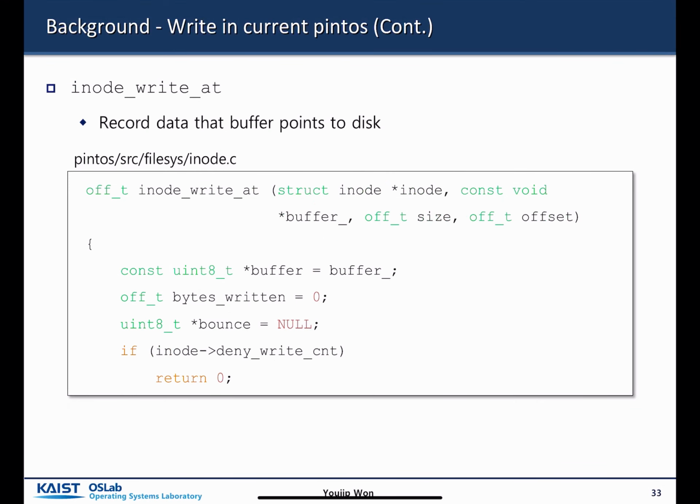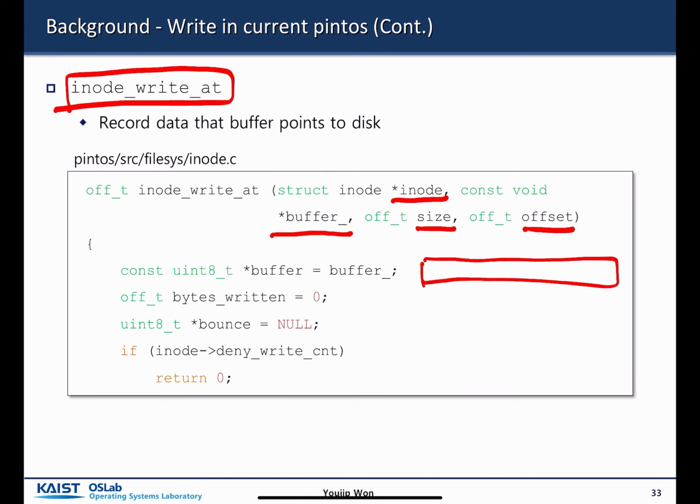Okay, these are the details of the important function inode_write_at. It takes 4 parameters: inode, buffer, size, and offset. So here, this is the file, and this is the offset.